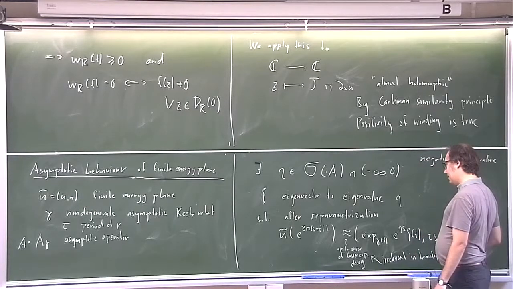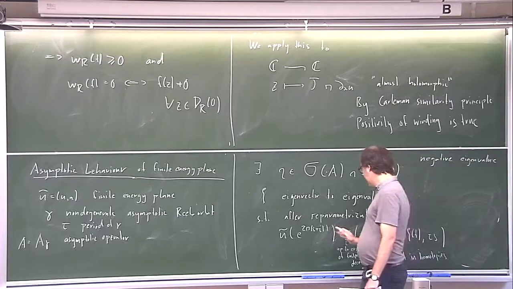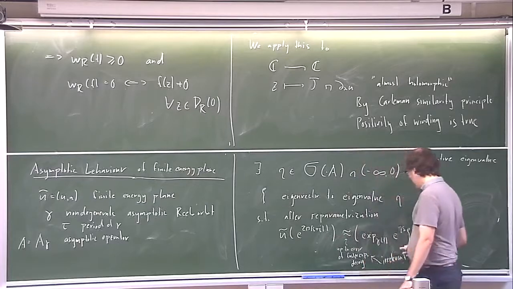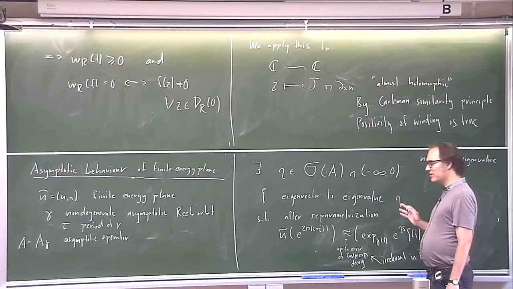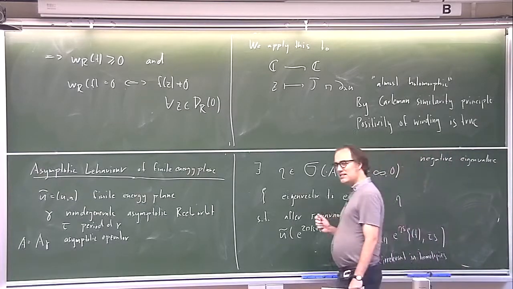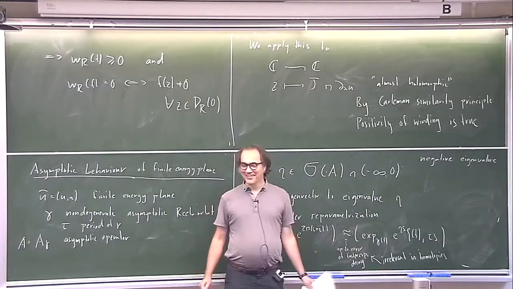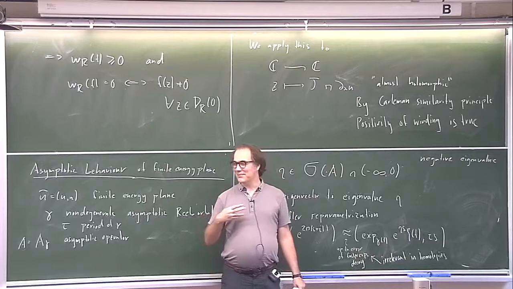Yeah, and this exponential decay, many people worked on it. Hofer, Wysocki, and Zehnder had some first version, but then many PhD students of Helmut had to work on this, and most of them disappeared.